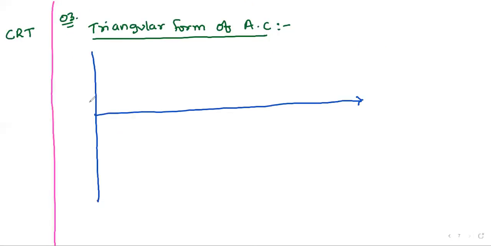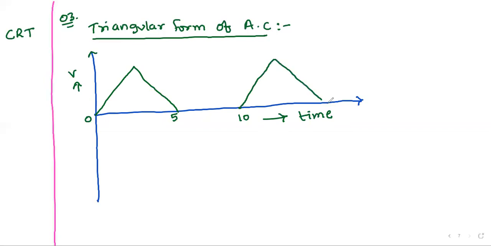Similarly, on the x-axis we are having the time, and on the y-axis we are having the voltage. Here, up to a particular time, 0, then 5, and then 10, we are having pulses in the shape of a triangle. From 0 to 5 seconds, we are having a voltage, suppose plus 3 volt.